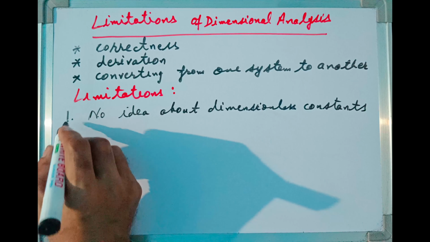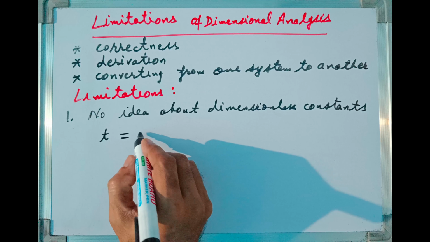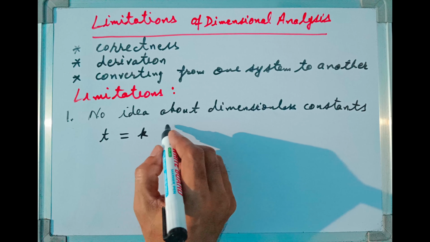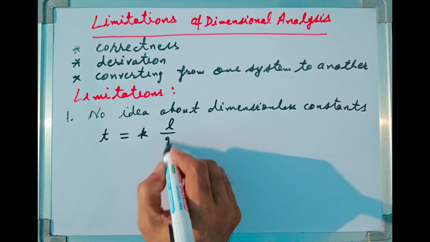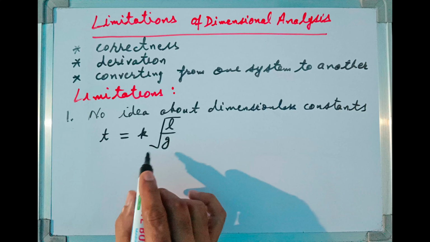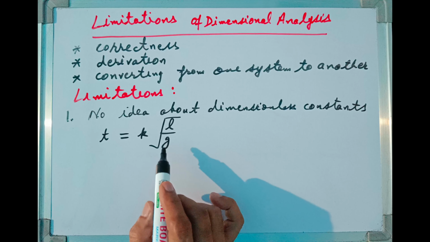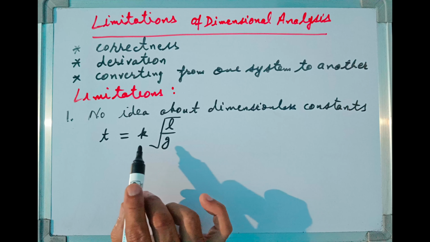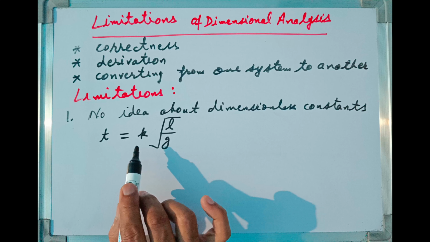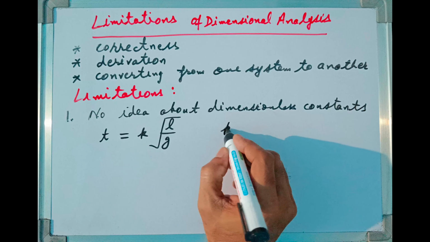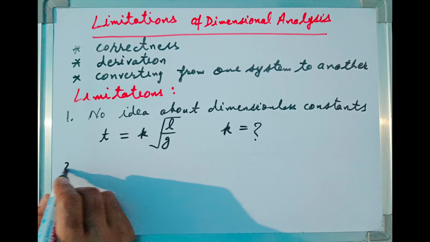For example, we can prove the formula for time period of oscillations of a simple pendulum up to this point, k root L upon g. This can be proved with the help of the method of dimensions. L is the length of pendulum, g is acceleration due to gravity, and k is a dimensionless constant. It simply says it is a constant, but what is the value of k? It is not clear by the method of dimensions.